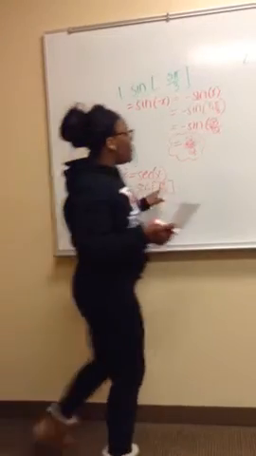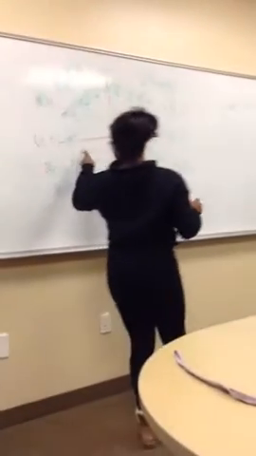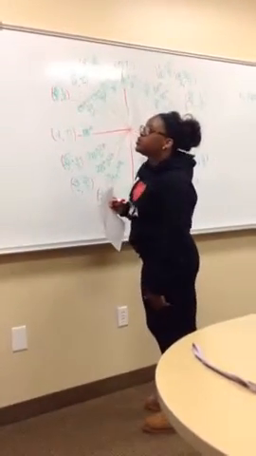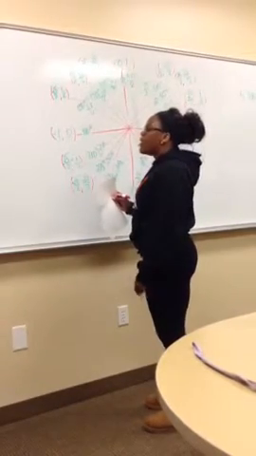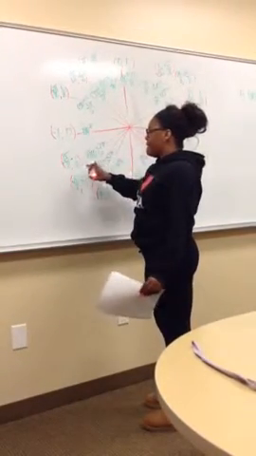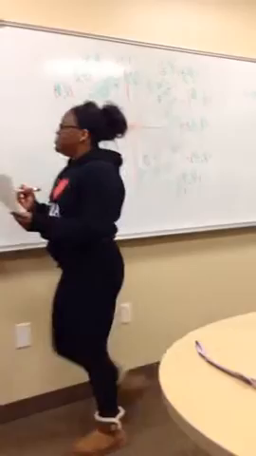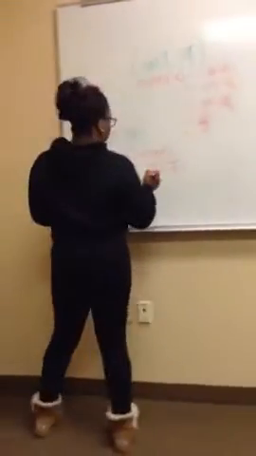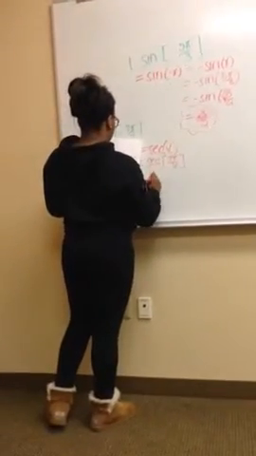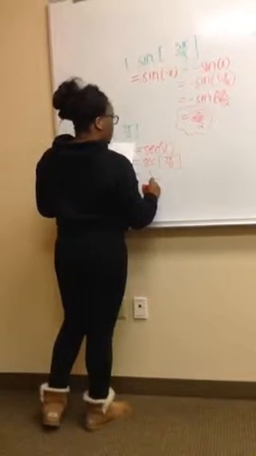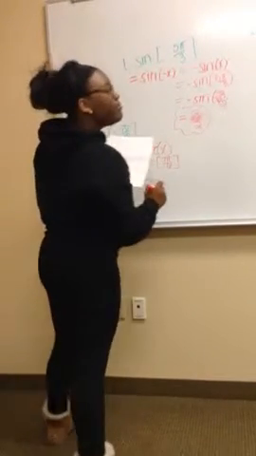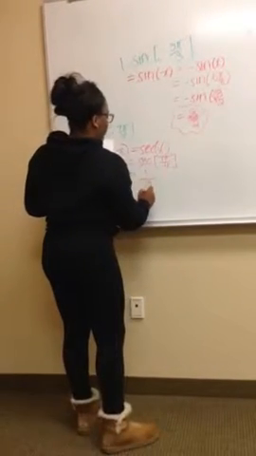So we come to 7 pi over 6. Secant is also equal to 1 over cosine. So it's 1 over square root of 3, or negative 3, over 2.